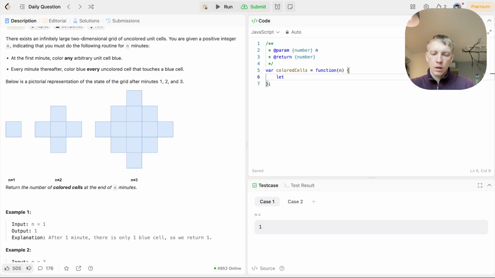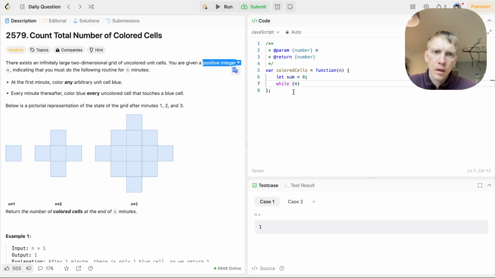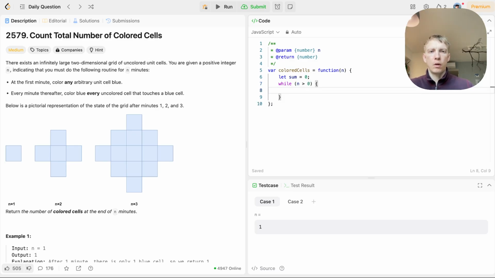Well, we should make a summary, which is equal to 0, and while n is bigger than 0, we should do the following thing.